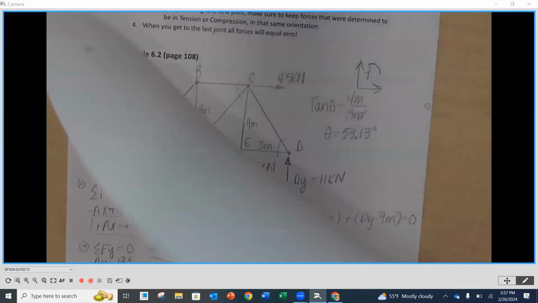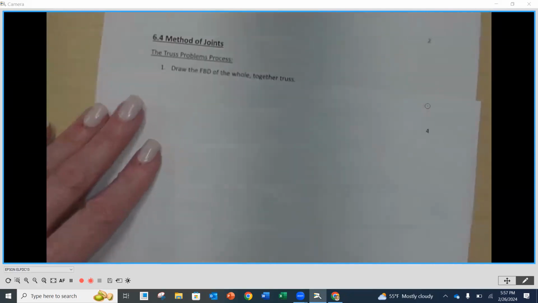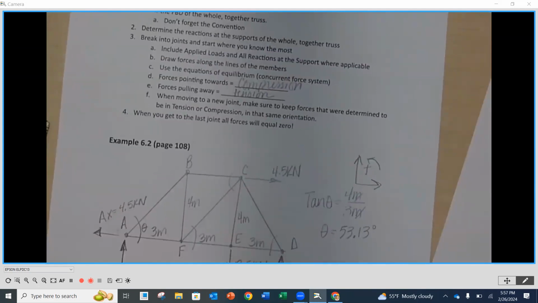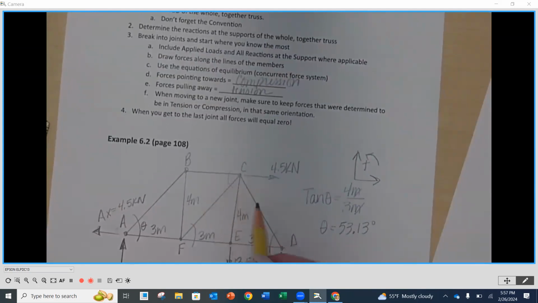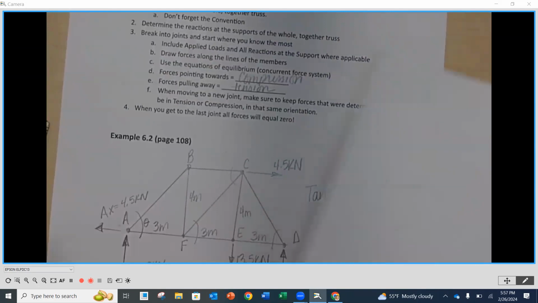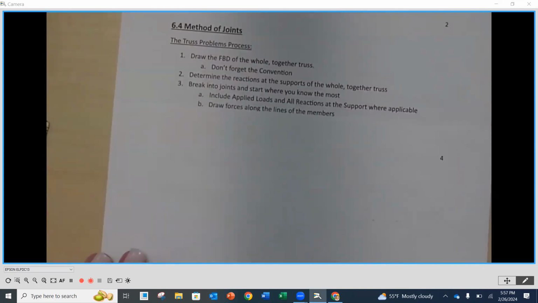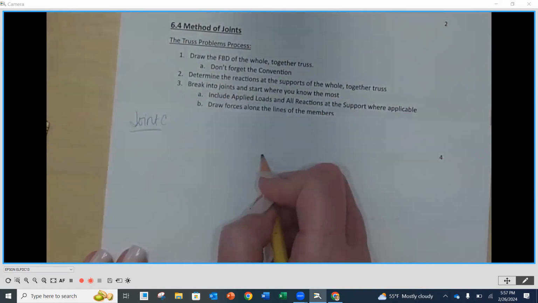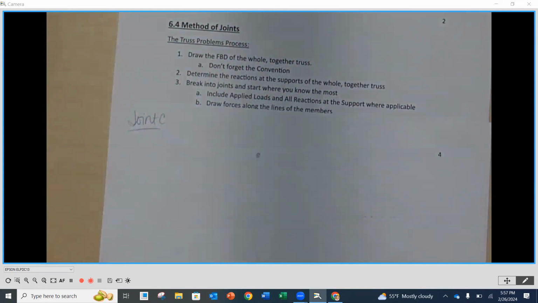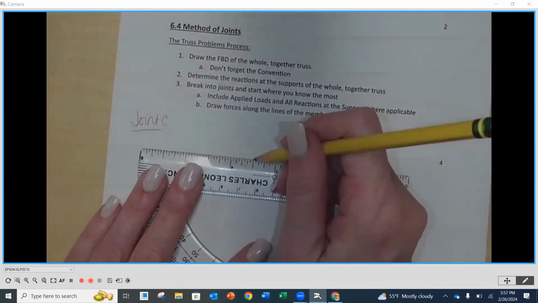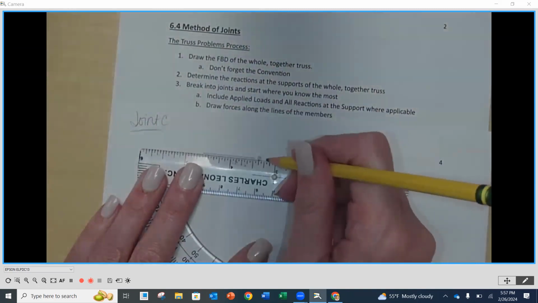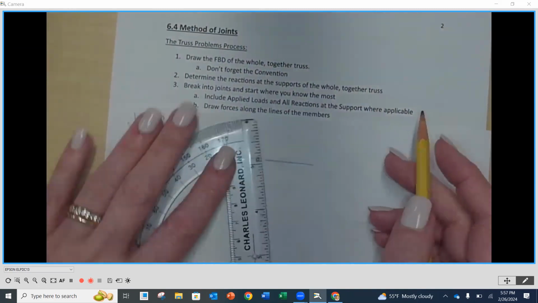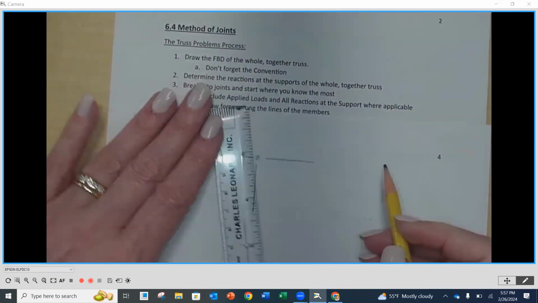So I had this page right here. This was page 3. I'm going to turn mine over. You might still have room. Everybody draws smaller than I do. And what we're going to do is we're going to start with point C here, and we're going to draw all the lines coming from C. Start kind of in the middle. Joint C. I know I'm going to run out of room on my handout, but that's okay. Got it. Straight down.